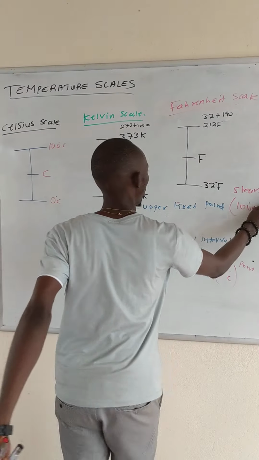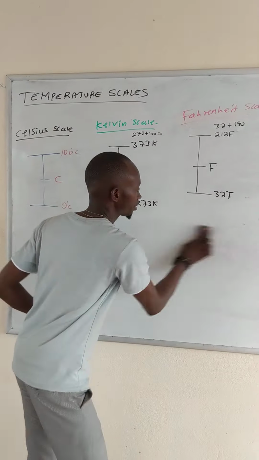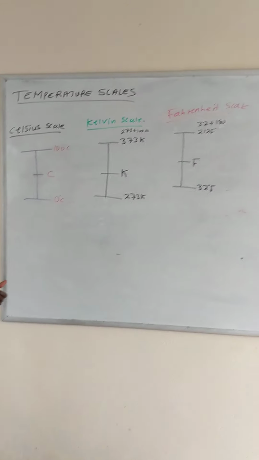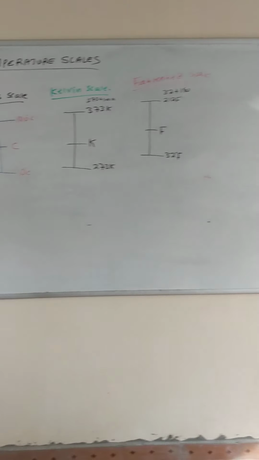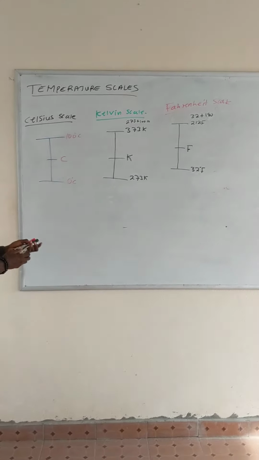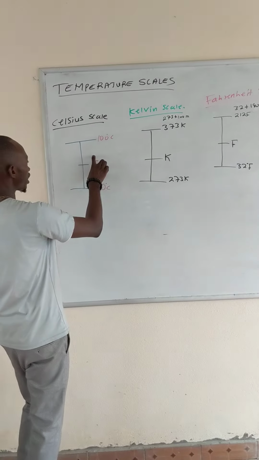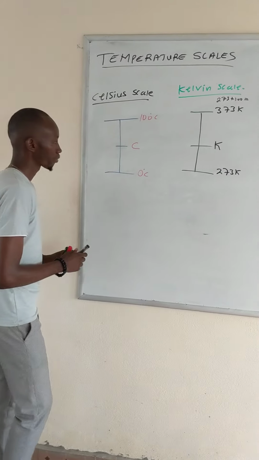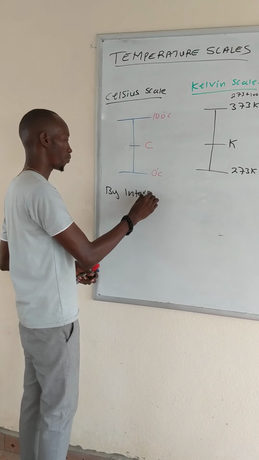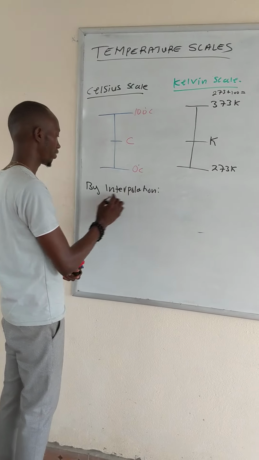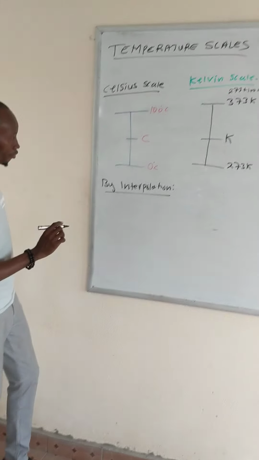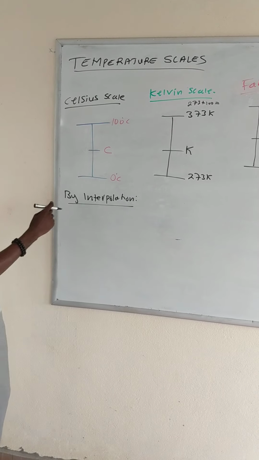The purpose of this lesson is to find the relationship between these temperature scales: Celsius, Kelvin, and Fahrenheit. If we compare Celsius and Kelvin, we use interpolation, which means we compare these two scales. When we interpolate, we have to be consistent.